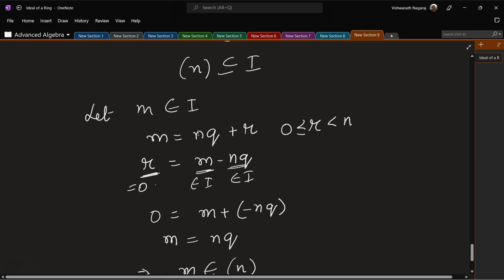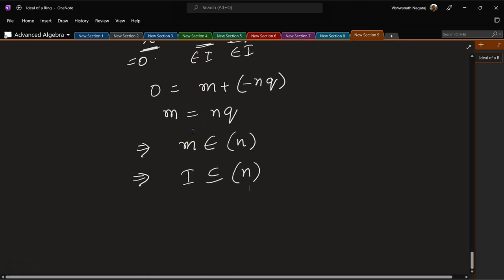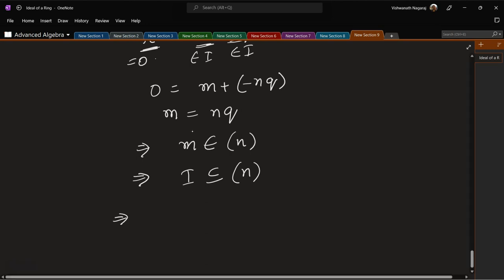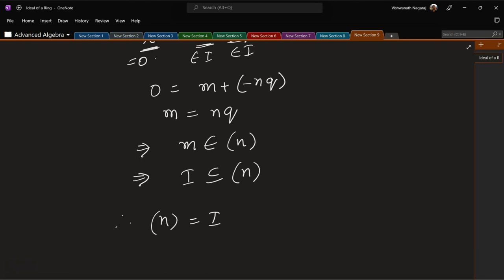We have the ideal generated by N is a subset of I, and I is a subset of the ideal generated by N, therefore it is equal to I. Now here we have basically taken N as a positive number, right?